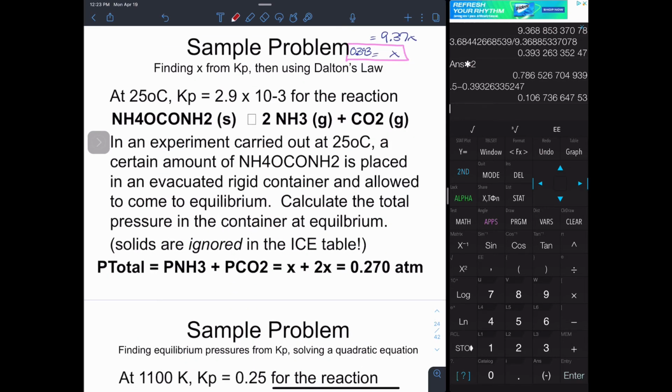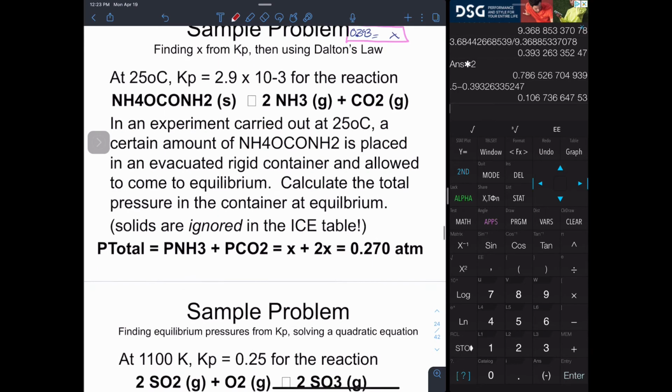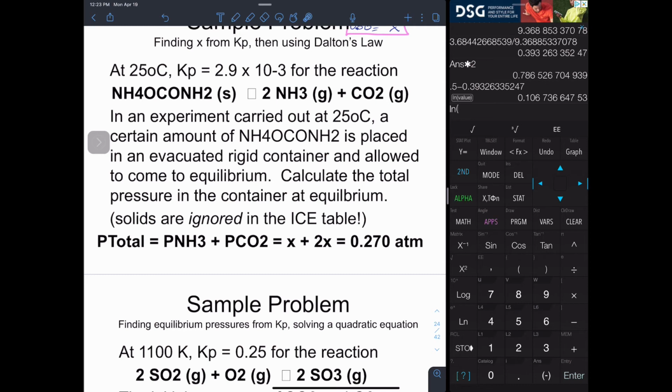Remember, we can still do this using pressure. Things are the same, the equation is the same, and here's a sample problem. At a certain temperature, the equilibrium constant found using pressure is given for the following reaction.